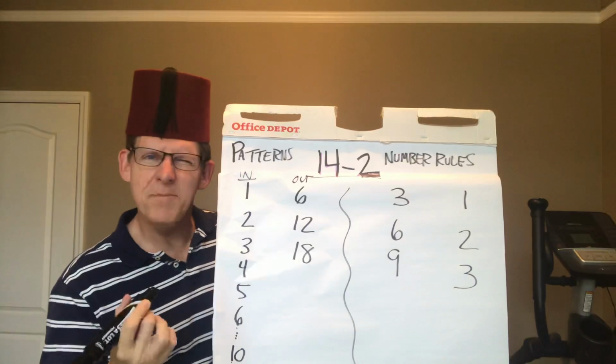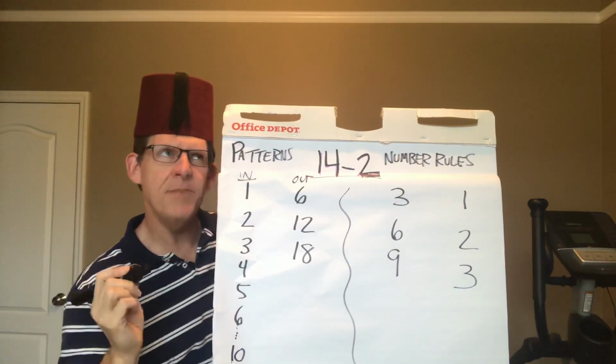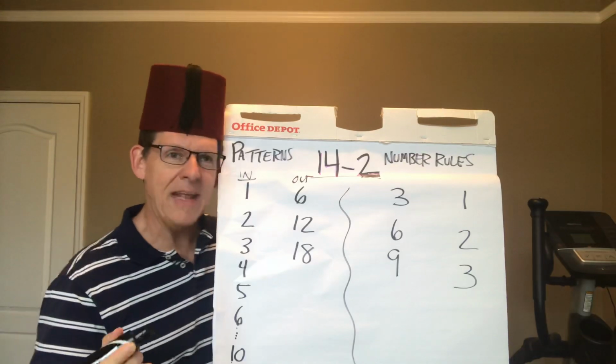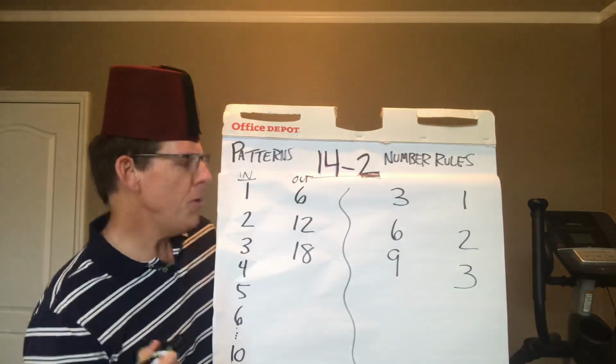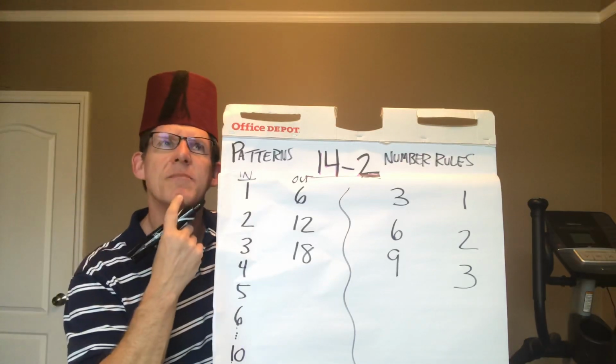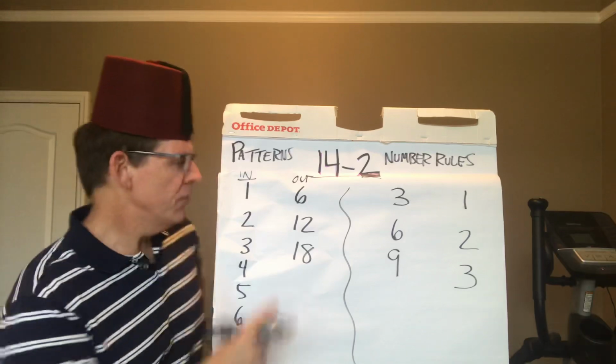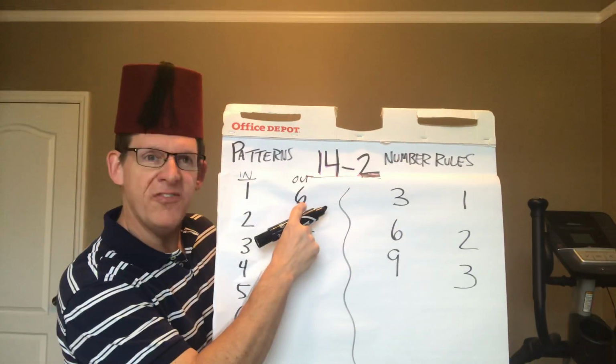So the number is getting bigger. It goes from 1 to 6. Now, if it's getting bigger, I could be adding, but then, let's see, 1 plus what gets me 6? Oh yeah, 5. So 1 plus 5 equals 6.